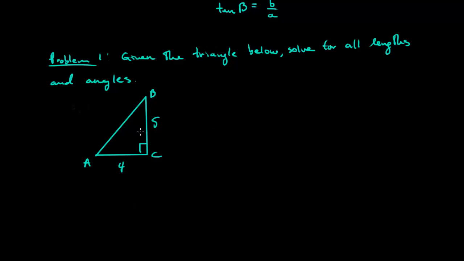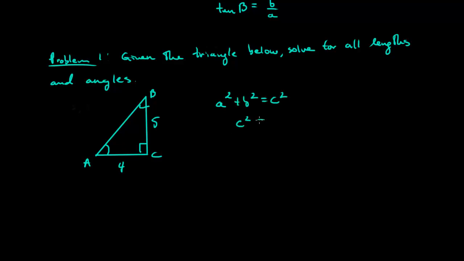So recall that here, let's suppose that we want to figure out what angle A is, and what angle B is. And here we're also asked to figure out what all of the other side lengths are. First off, we could use the trigonometric ratios to figure out what AB is, or I could just use the Pythagorean theorem, because for right angle triangles, a squared plus b squared is equal to c squared.